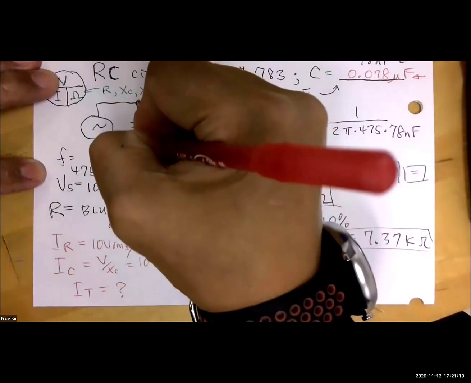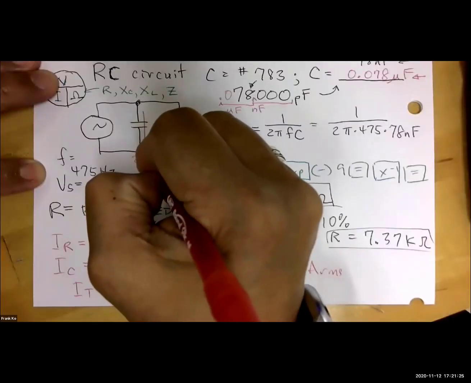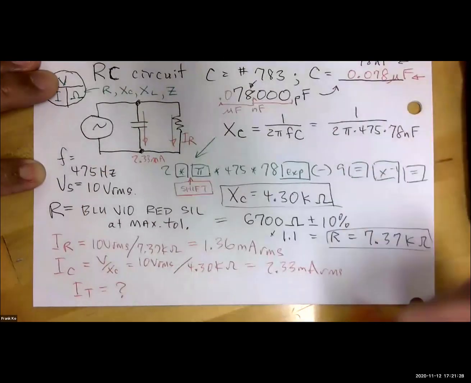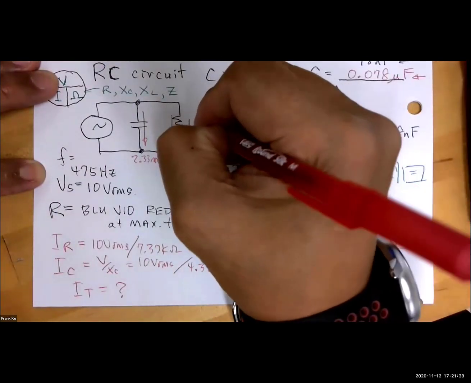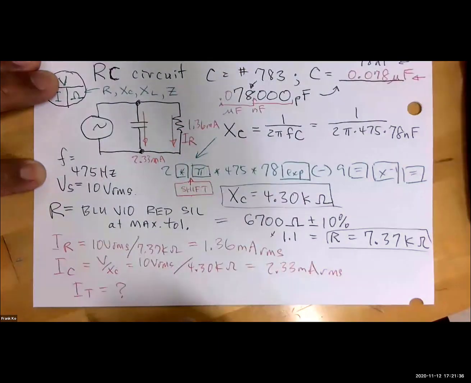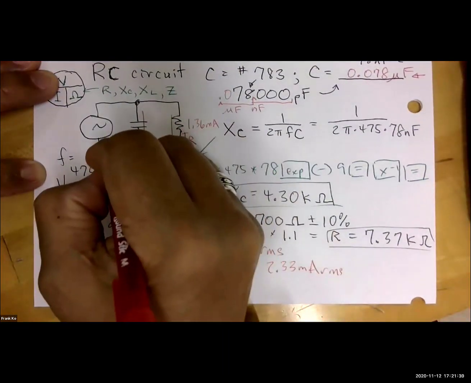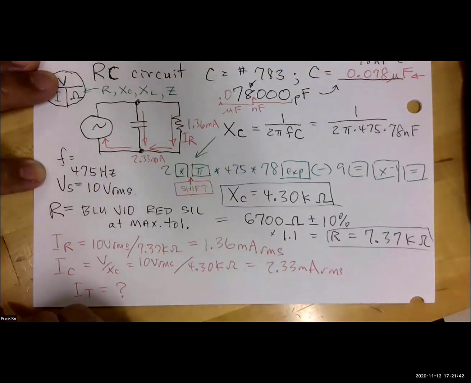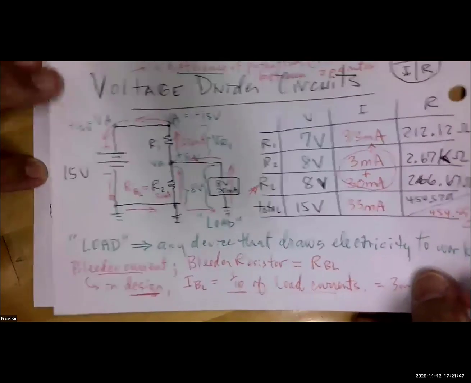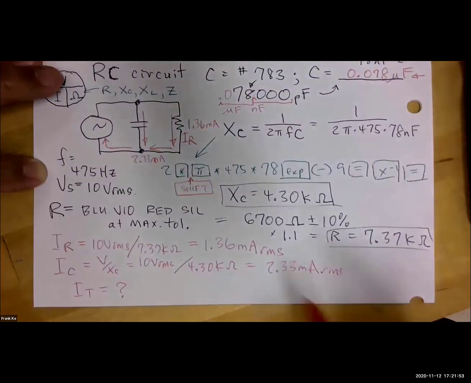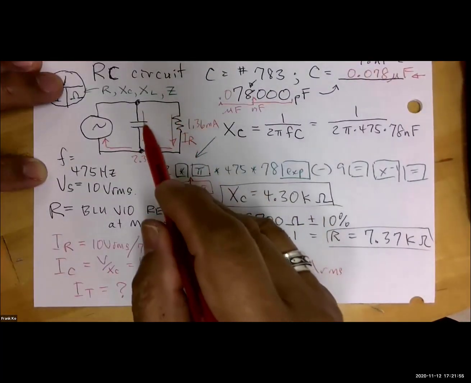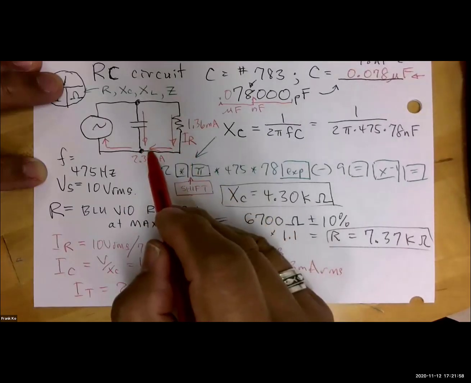We have a current that flows through the cap, 2.33 milliamps, and the IR at 1.36 milliamps, and they come together and give you a total. So instinctively, similar to what we've done in the earlier voltage divider circuit, when currents come together, you add them to give you a total. It looks like you would add the 2.33 plus the 1.36.